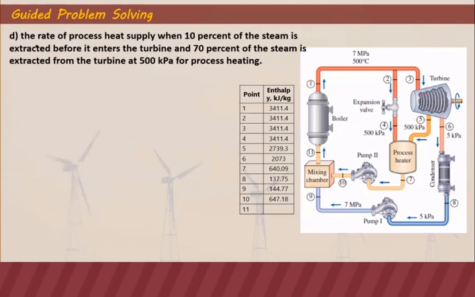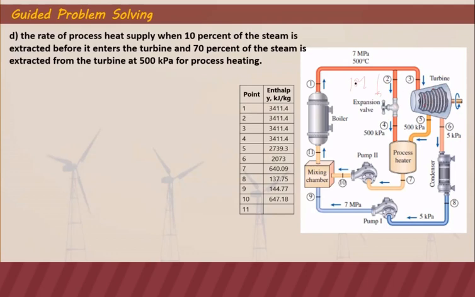Letter D. The rate of process heat supply when 10% of the steam is extracted before it enters the turbine and 70% is extracted from the turbine at 500 kilopascal for process heating. So what we mean here is that 10% will flow here, and 70% is extracted from the turbine.